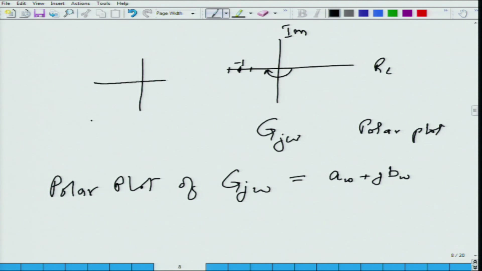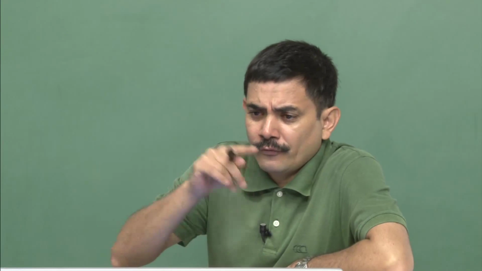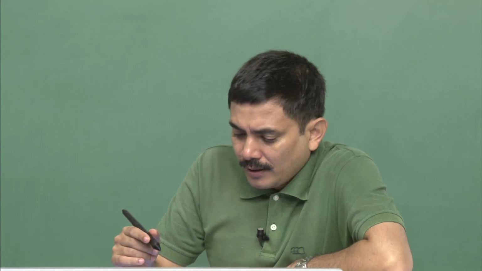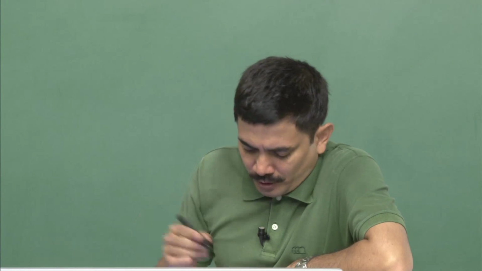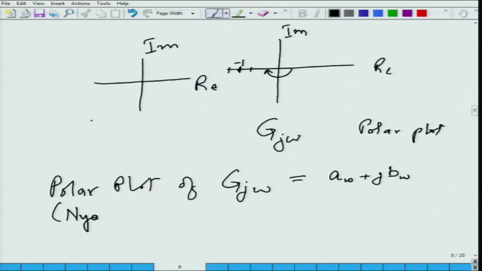So, the plot of the real and imaginary parts as omega goes from 0 to infinity, from low frequencies where the sine wave is really slow to very fast sine waves, that is called the polar plot or Nyquist plot of a transfer function. Okay. Now, let us say your transfer function is, I do not know, first order.